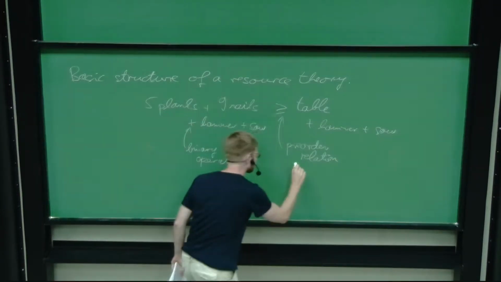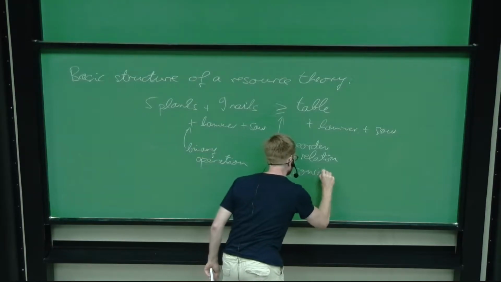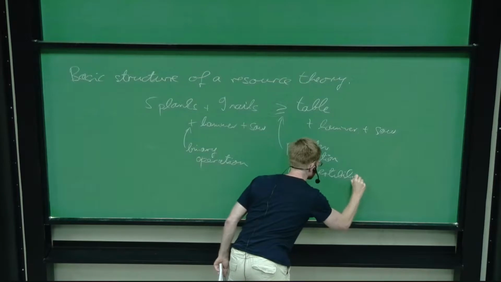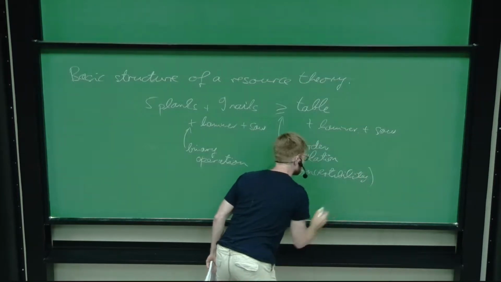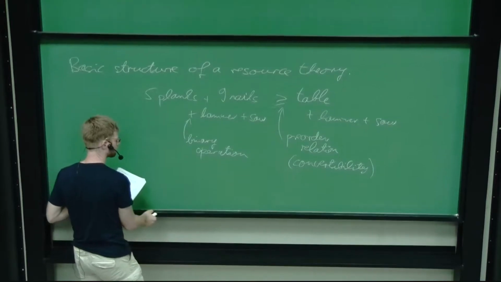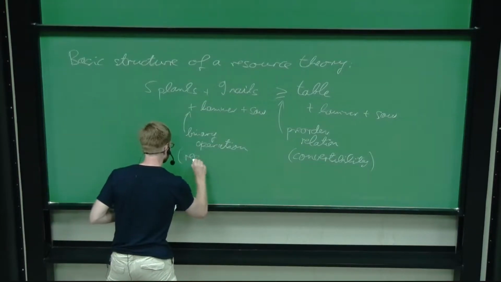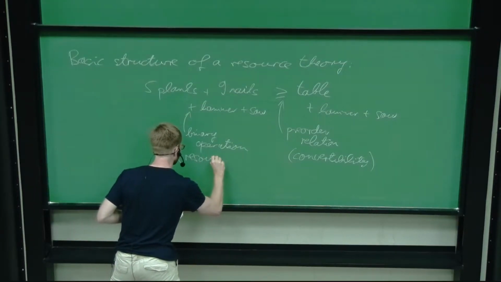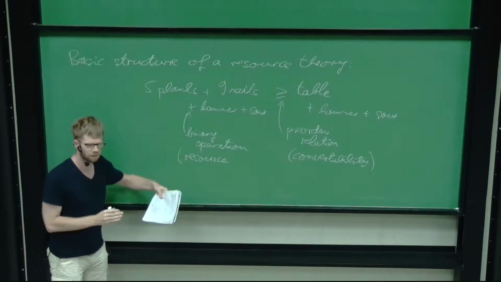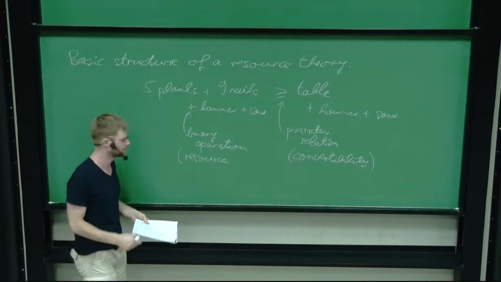This corresponds to the convertibility of resources into another. And the binary operation plus expresses resource composition. So instead of asking what can I do with x, or asking what can I do with y, we can also ask what can I do if I have both x and y available.